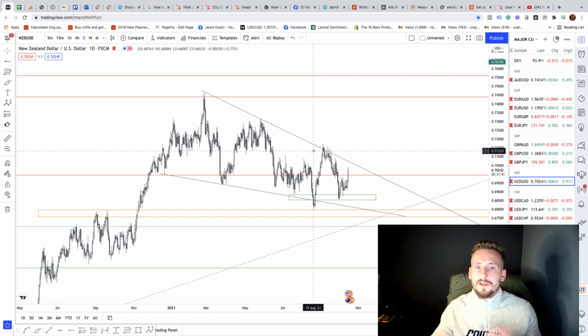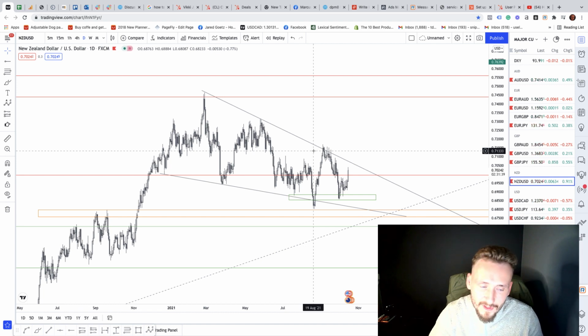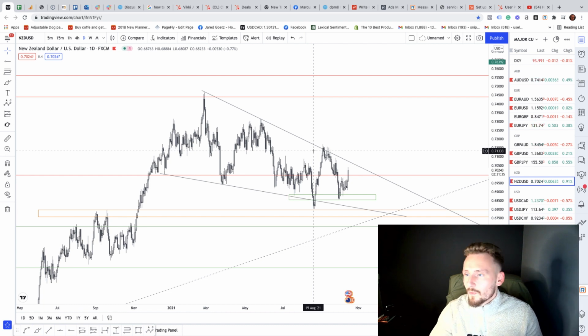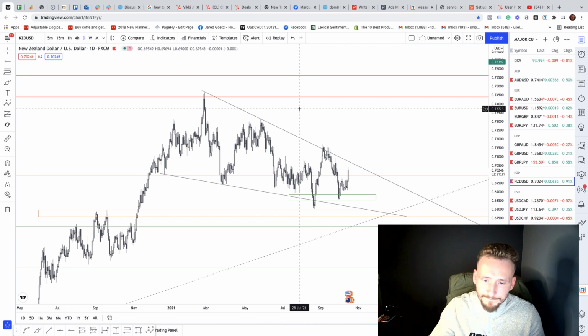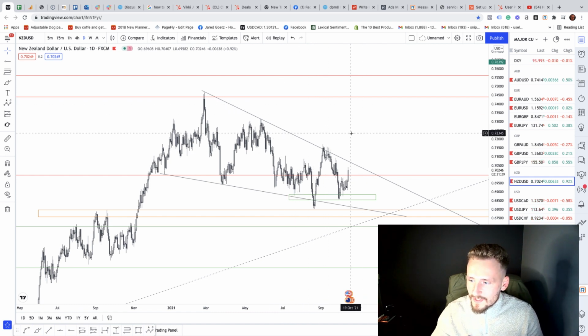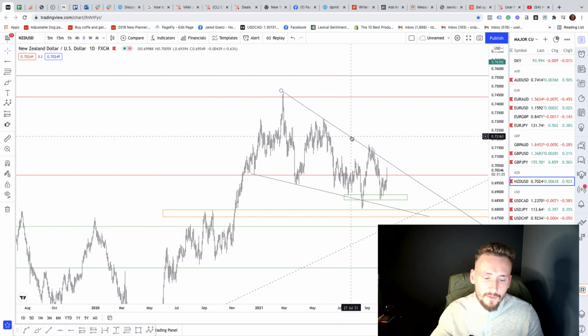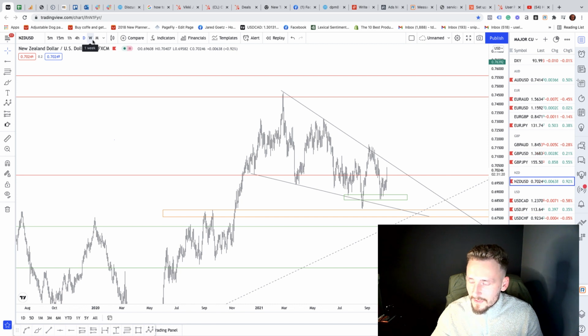And if you're in two different trades at half the risk that you normally do, it's a lot more management, and one could go one way and one could go the other way, and there's more chance of things going wrong. So typically I would just stick to one setup. But if I was to choose between Euro USD and NZD USD, I would have to look at, of course, the fundamentals. But just from a technical standpoint, I'm thinking Euro USD is looking a little bit better, in my honest opinion.